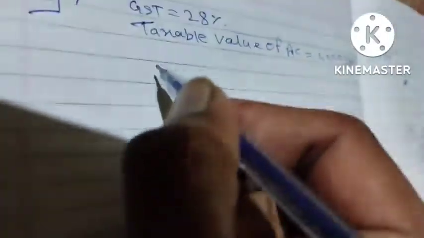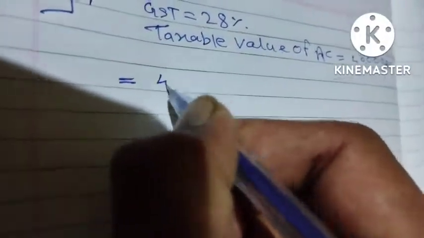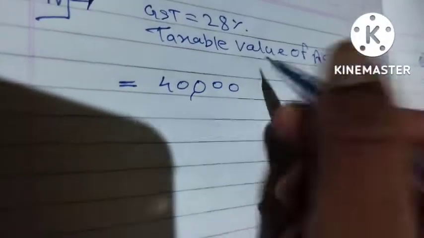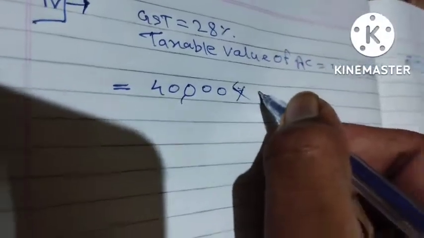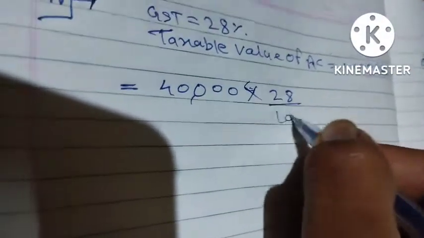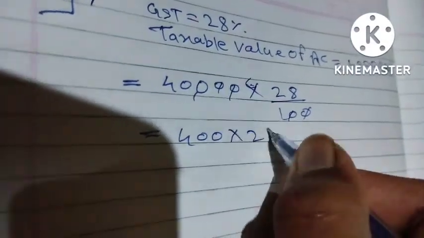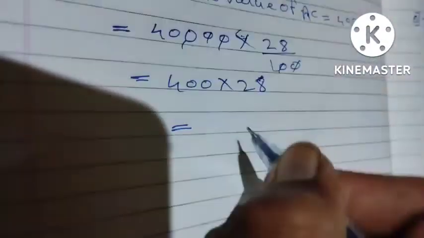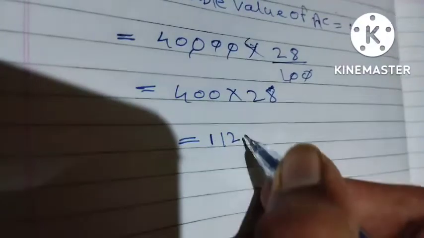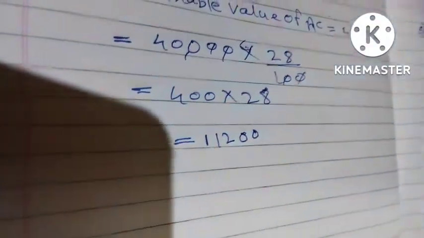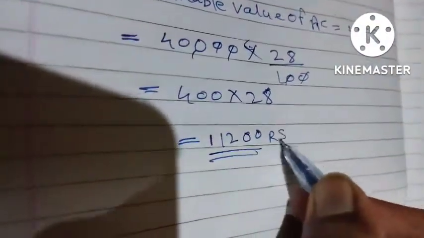So to find out the amount of GST, 40,000 into 28 upon 100, the zeros will be cancelled. So 400 into 28 is equal to 11,200. This will be the answer.